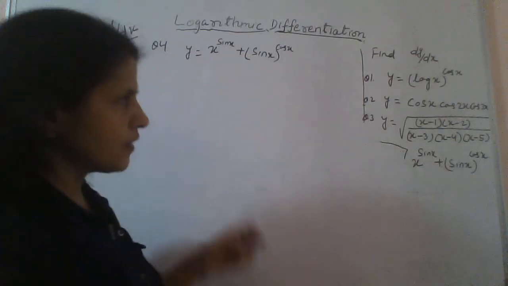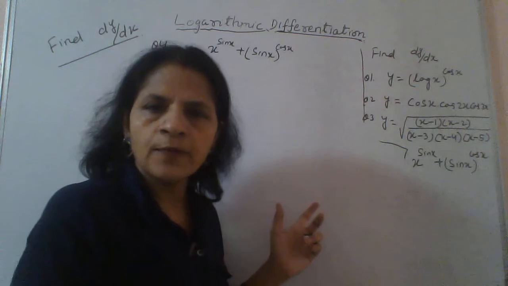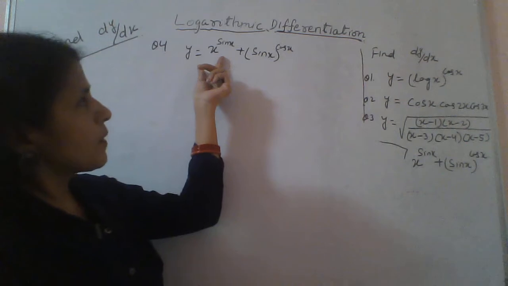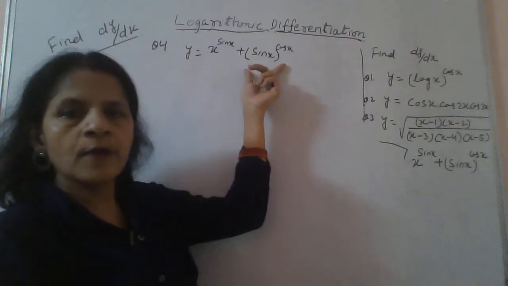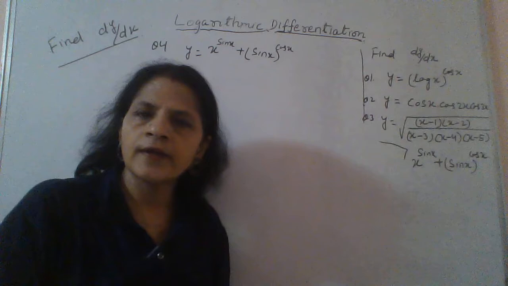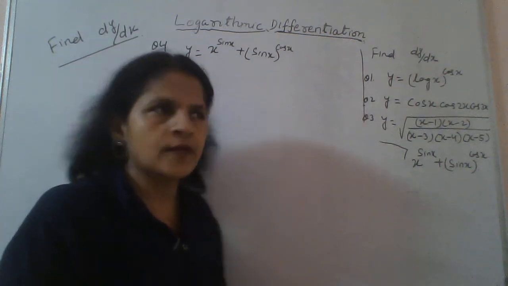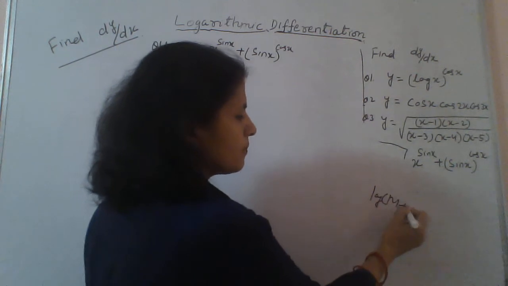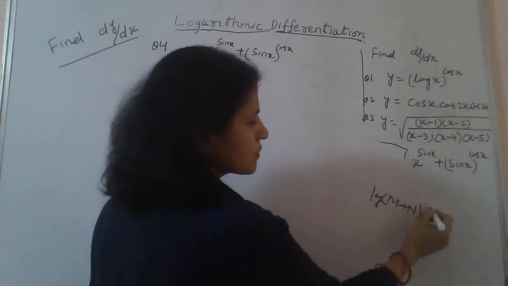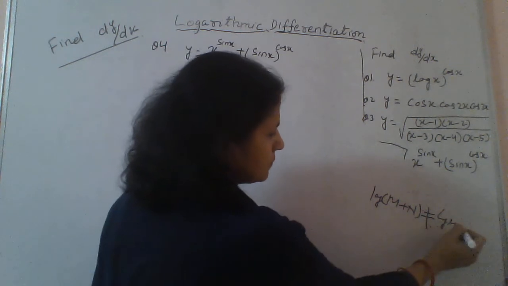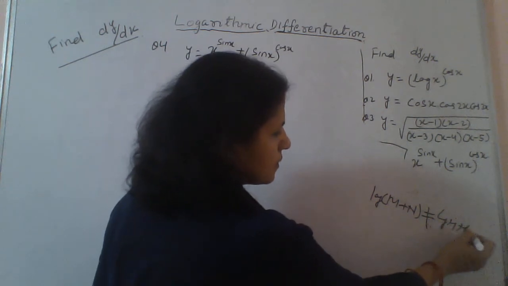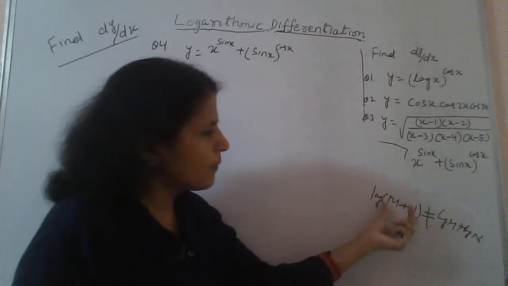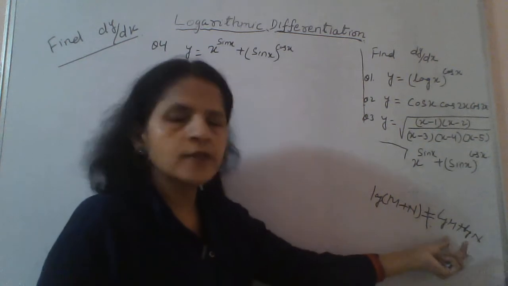So the next question is, though it is under type 1 that we have taken. So here you see y equal to x to the power sin x plus sin x power cos x. But here we cannot take the logarithm of both sides directly, because if we write log of m plus n, it is not equal to log m plus log n.